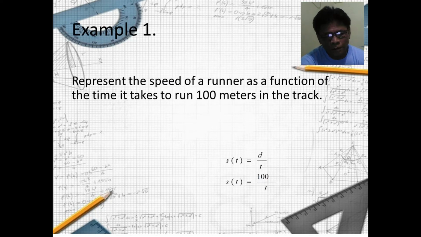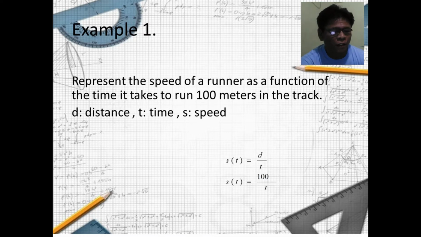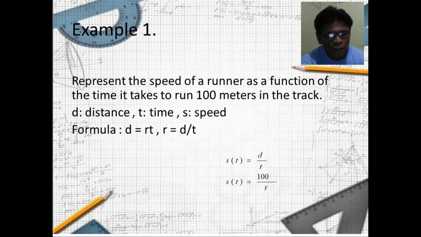Represent the speed of a runner as a function of the time it takes to run 100 meters on the track. So we let D be the distance, T the time, and S the speed or rate. The formula to compute the distance is D equals rate times time.